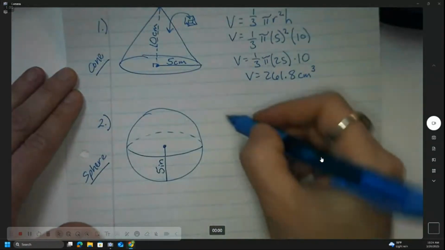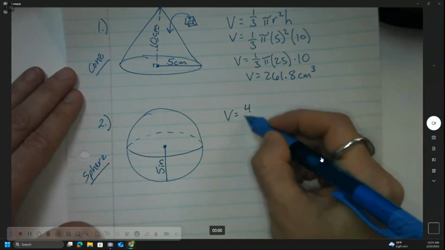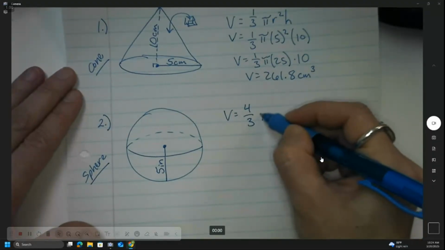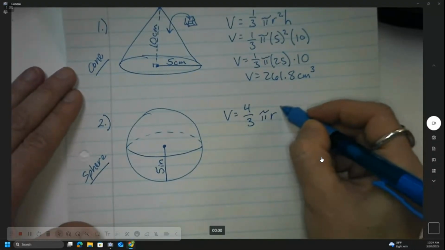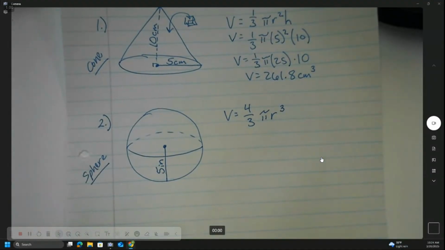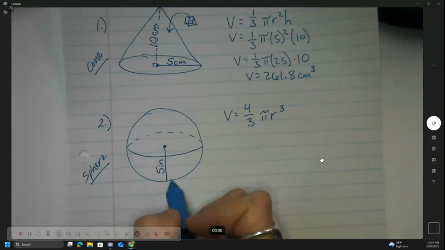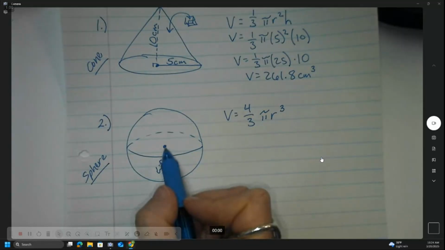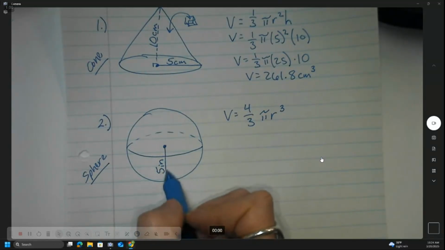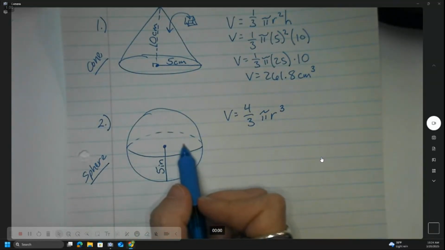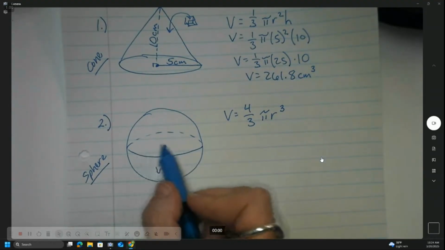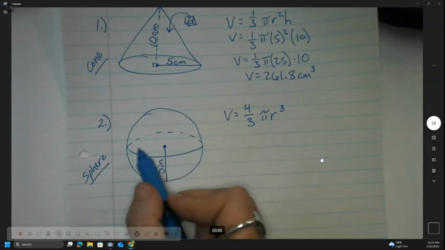The formula for this guy is 4/3 times pi r cubed. 4/3 times pi times radius cubed. Why 4/3? If you look on the inside of a sphere and cut it in half and then in fourths, you can discover what the volume is when you divide it by 3.